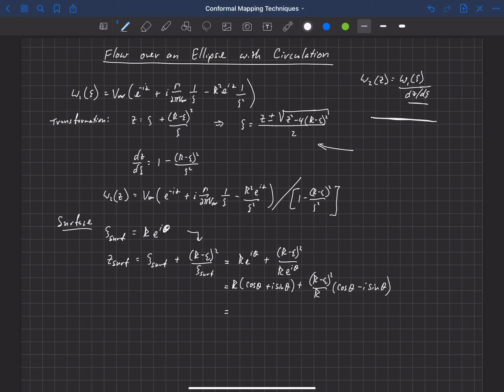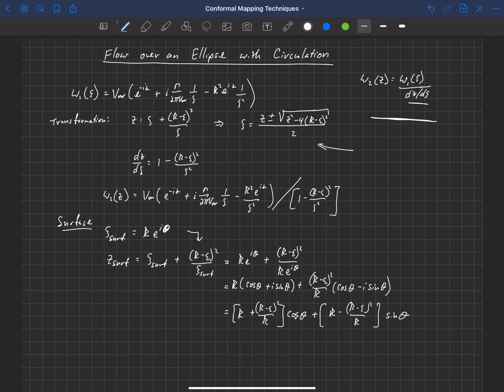And so what I'm going to get here is r plus (r minus epsilon) squared over r, all times the cosine of theta, plus r minus (r minus epsilon) squared over r, times the sine of theta.